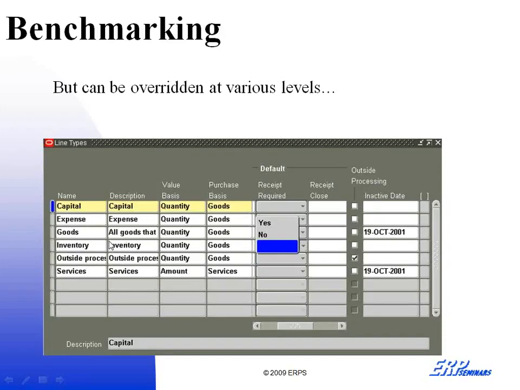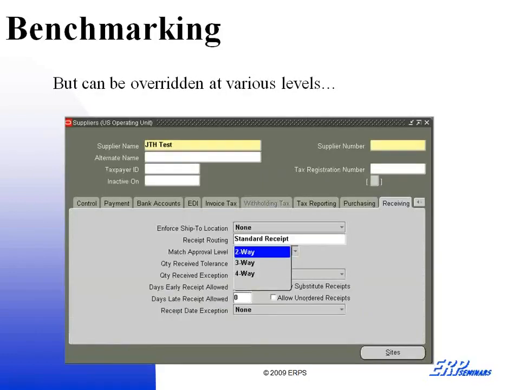For goods-related items, depending upon what the goods are, if they're capital goods or inventory, you may have a requirement that those come through and get received. Whereas an expense good like office supplies may not have a receipt requirement. So you want to understand the values of your line type setups.